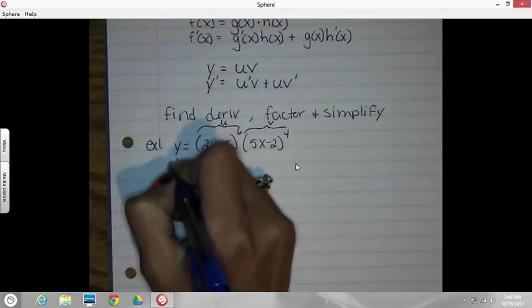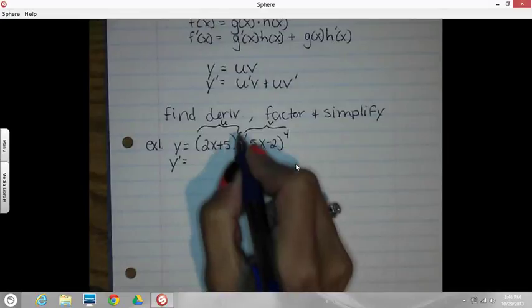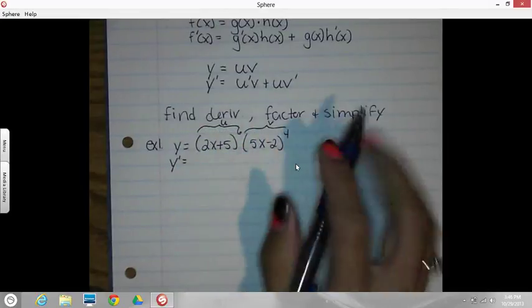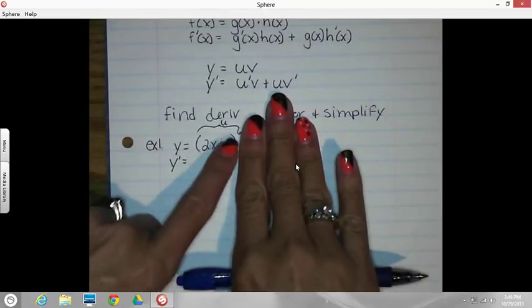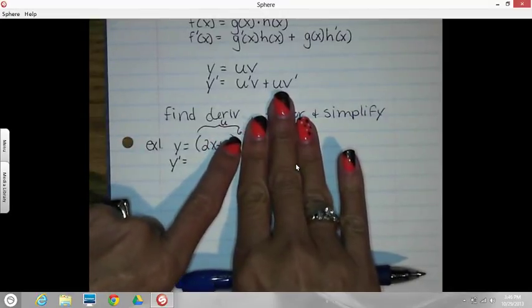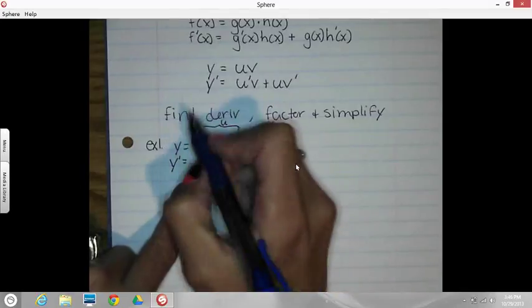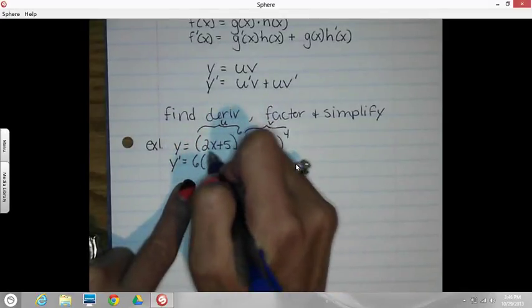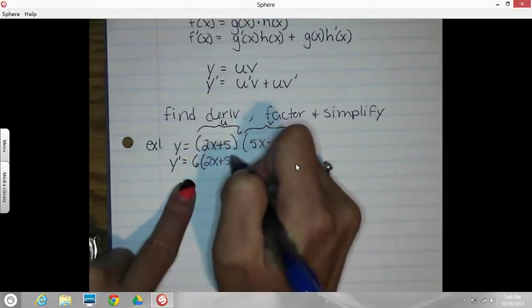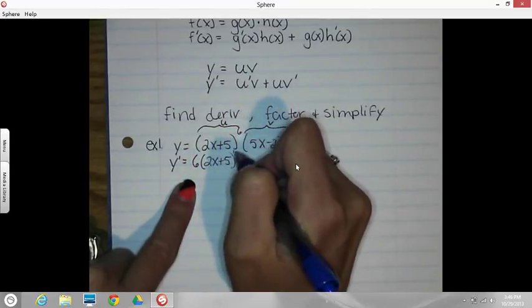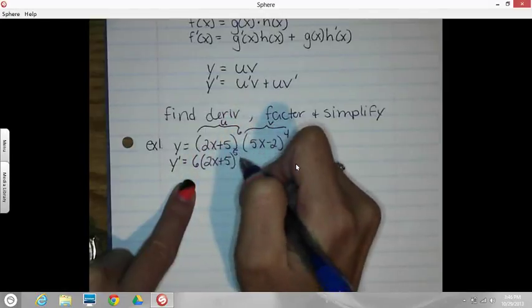Product rule says take the derivative of this first term. So pretend that's not even there. This we had in the last chapter. You've got an inside and an outside. So you're going to do your chain rule where the 6 comes down. The inside never changes. Raise it to the 5th power, one less, multiplied by the derivative of the inside.